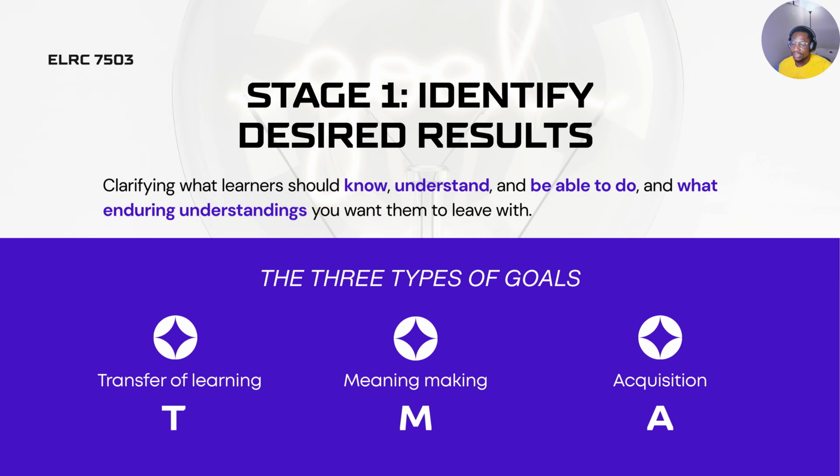In stage 1, we have 3 types of goals. The first one is transfer of learning. This is where we want students to be able to apply the concepts that they have learned in different contexts. The second goal is meaning making. They should be able to make sense of what they have learned. And the third is acquisition.